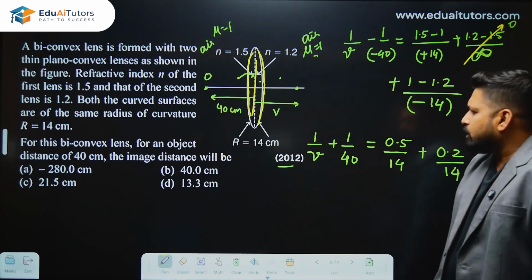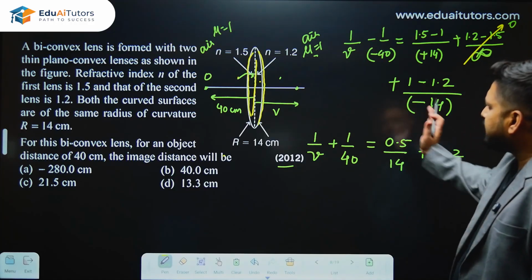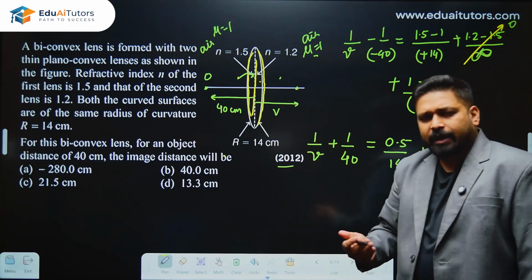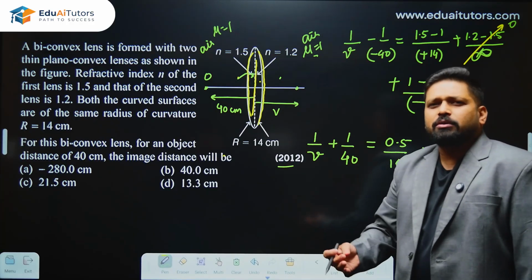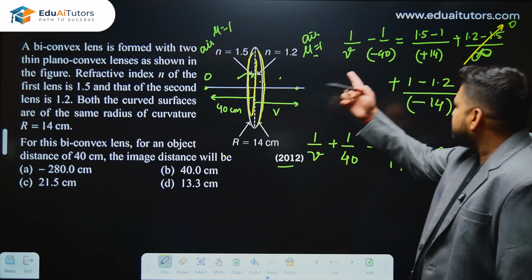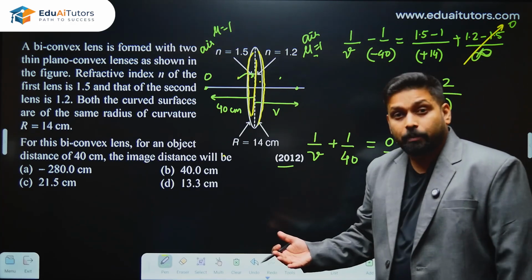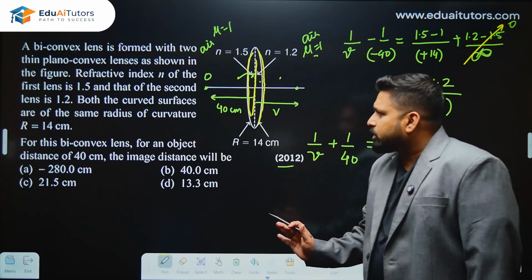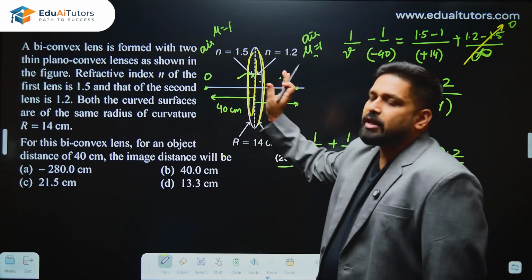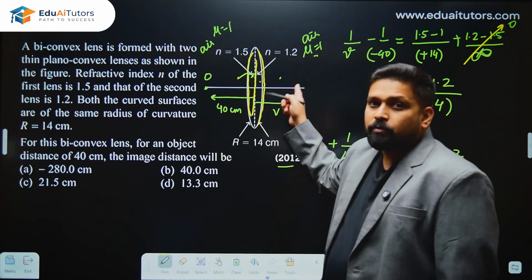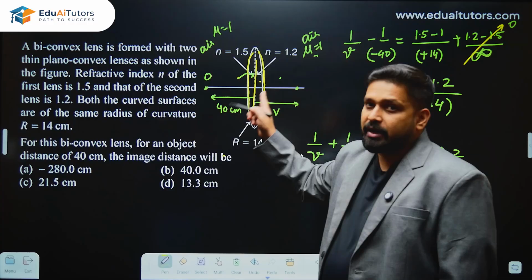So you can try this out on your own. As far as the concept is concerned, after practicing a couple of times, it should take you less than 1 minute to write this equation fast and then solve it, for such a question which appears to be very complicated or complex. The only thing we need to remember is where the light is coming from, where the object is located, and where the image is located.